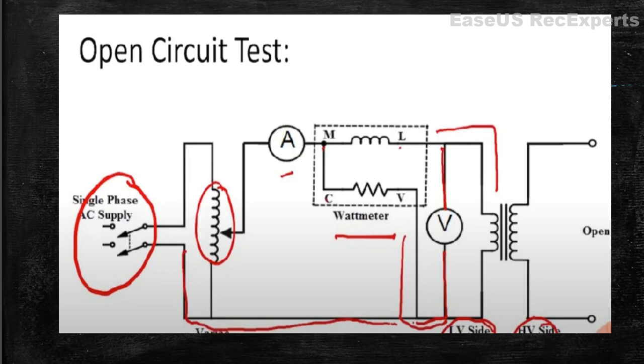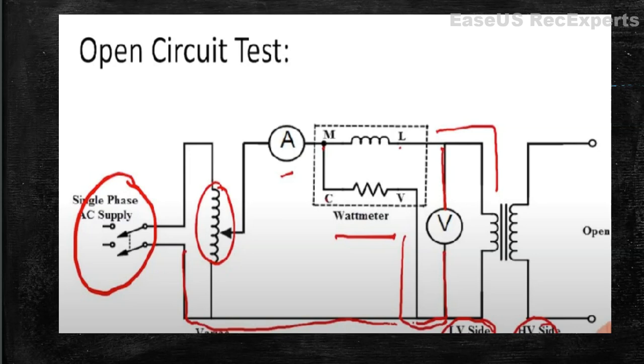Now as we are performing the open circuit test, what we do is consider the rated voltage of the primary winding and vary the auto transformer until we get the rated voltage. Hence the rated voltage is supplied to the primary winding of the transformer.